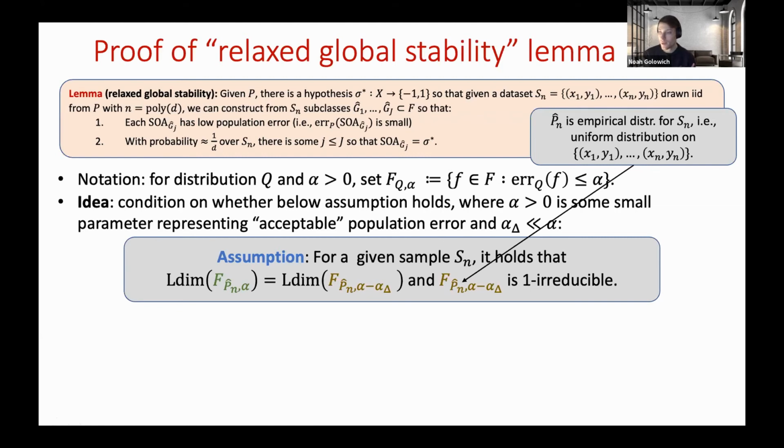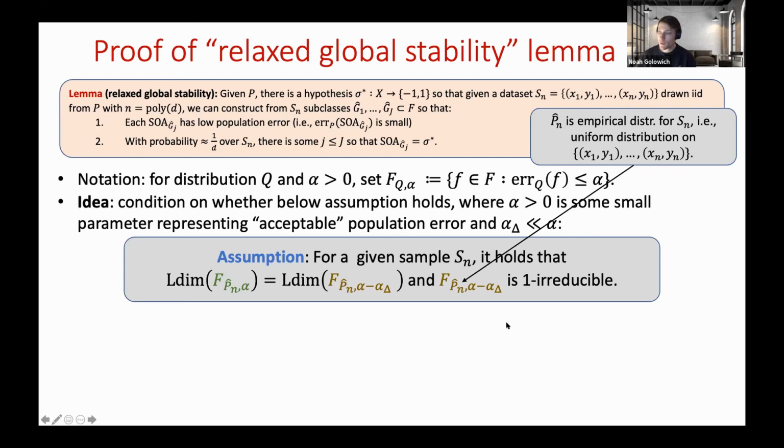And what the first part of this assumption is saying is that when we decrease alpha to alpha minus alpha delta, the Littlestone dimension of the space of hypotheses will not decrease.